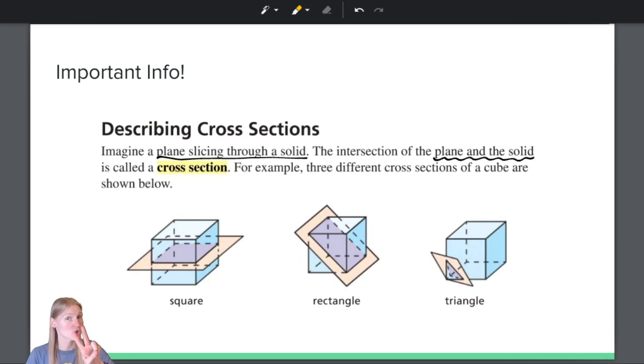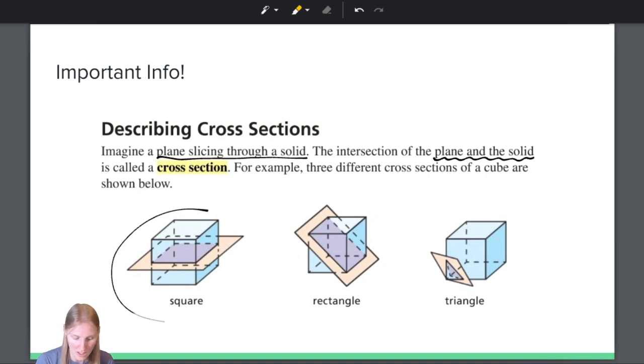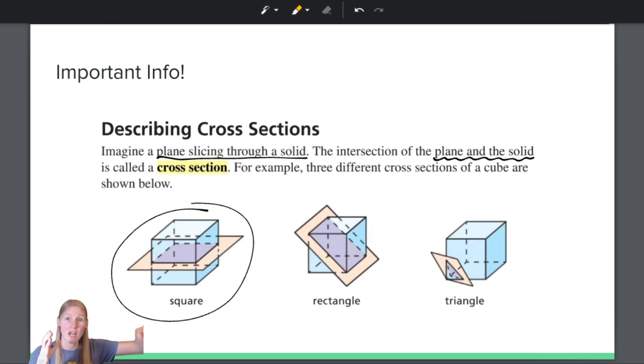So the cross section is only 2 dimensions. It will be a 2-dimensional shape that you can draw on paper. It won't be a 3-dimensional shape that needs to come out of the paper to draw. All right, if we look here in the first example that they give, we take a cube and we just slice it perfectly horizontally, parallel to the base of the cube.